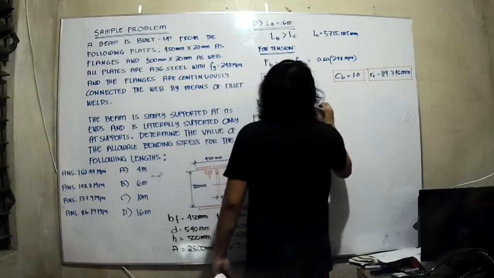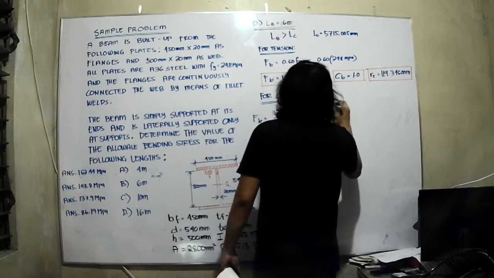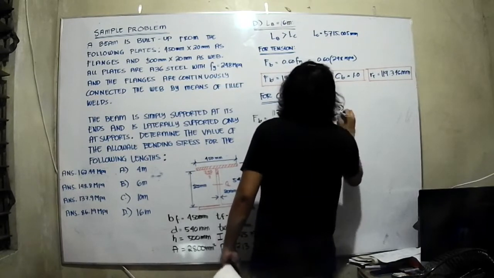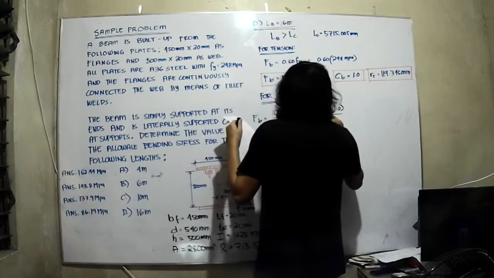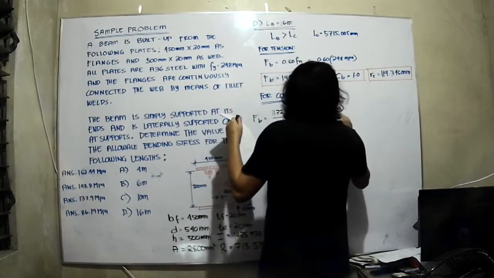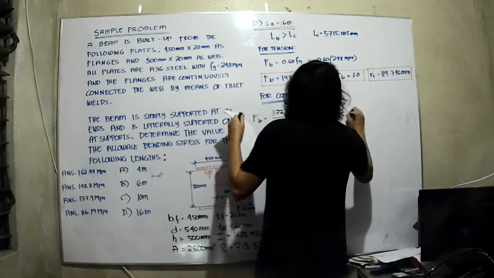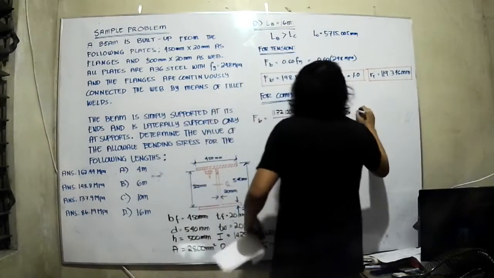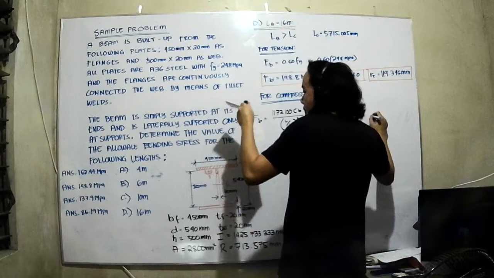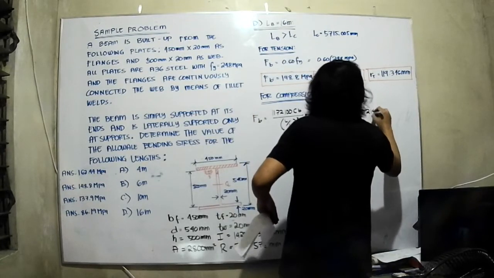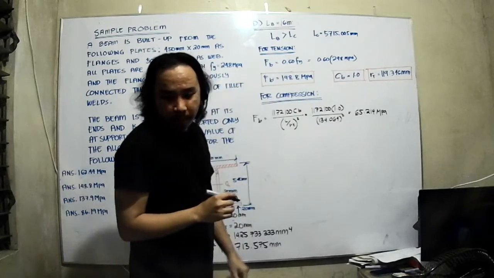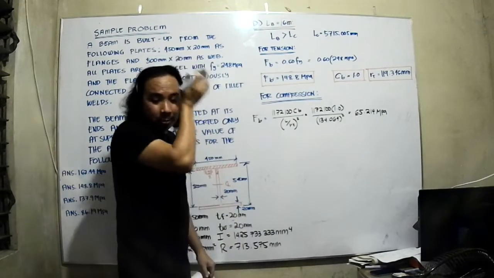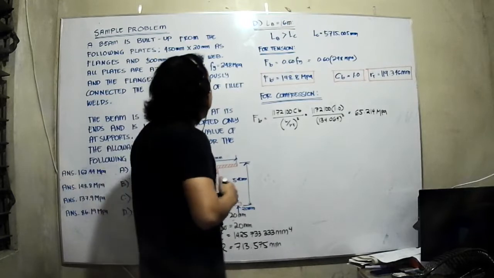So 1172 100 CB is equal to 1.0, and our L over RT here is 134.064 squared, and that should be equal to 65.14. Okay, so 65.14 MPa. That is the first FB we get.